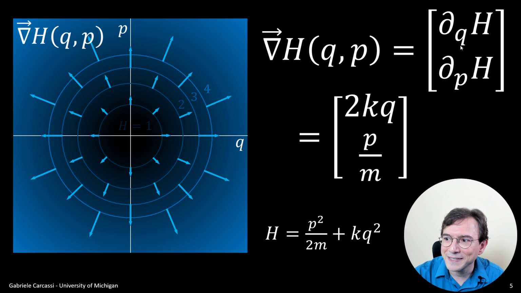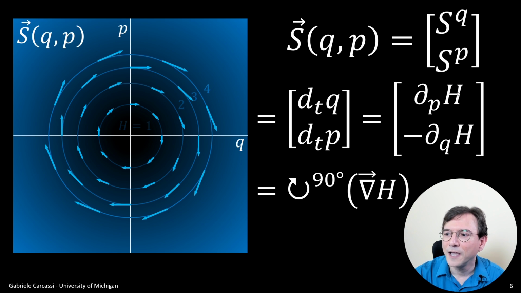Okay, so this is the gradient of the Hamiltonian, and you see that it's related to Hamilton's equation because we have these partial q and partial p, but in Hamilton's equations those are in a somewhat different order, right? The p goes inside the q part, and the q part becomes the minus p part.